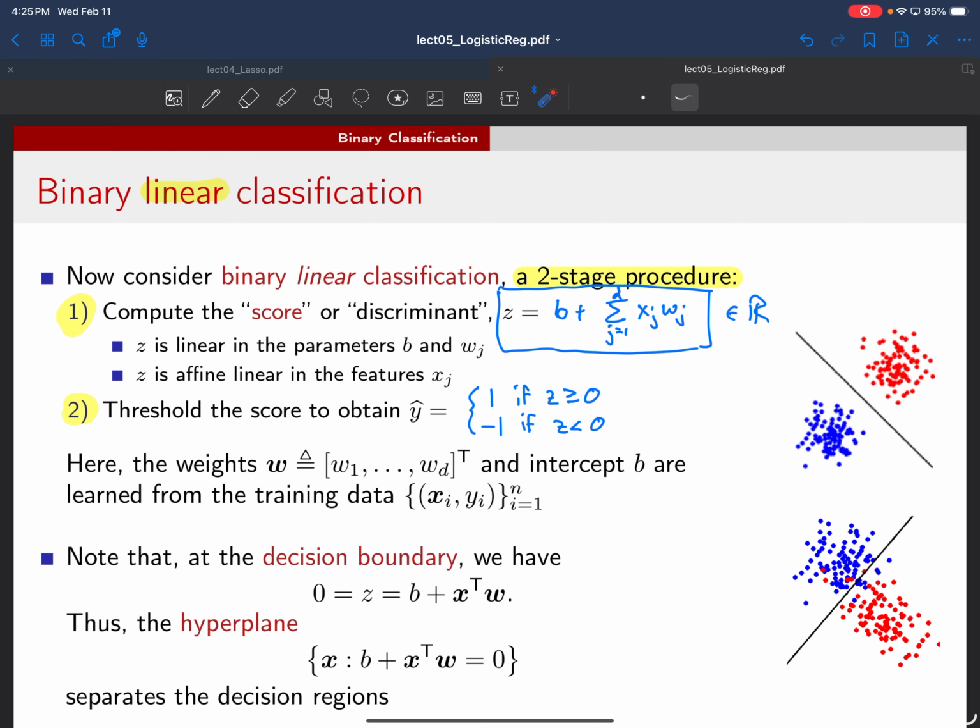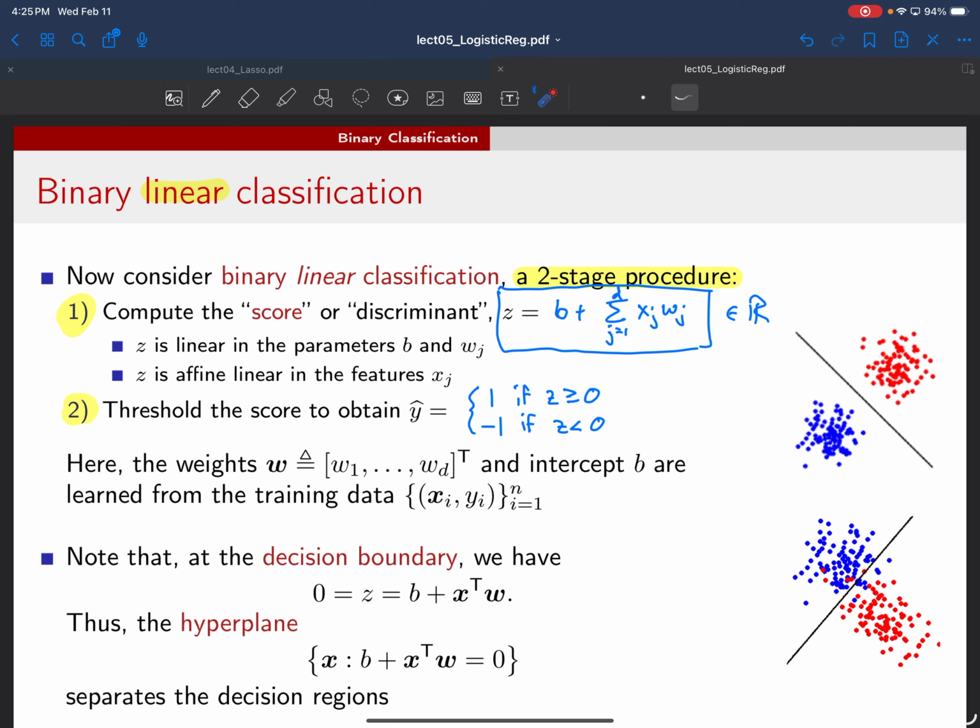Most of the literature on classifiers, as well as neural networks, uses this notation, whereas most of the literature on regression uses the other notation with the betas, using the same variable for the intercept and the slope parameters. So we're changing our notation, but conceptually, this is exactly like our old y hat that we generated in linear regression. It's just that now we do this one extra stage to it.